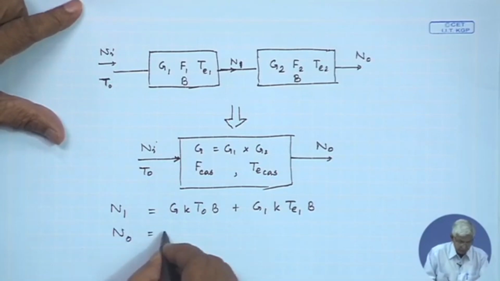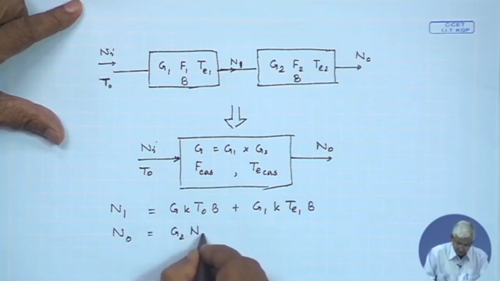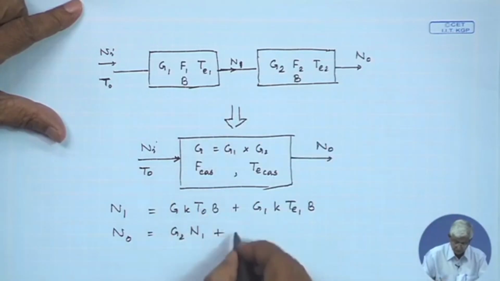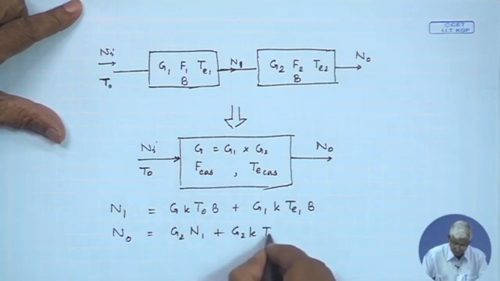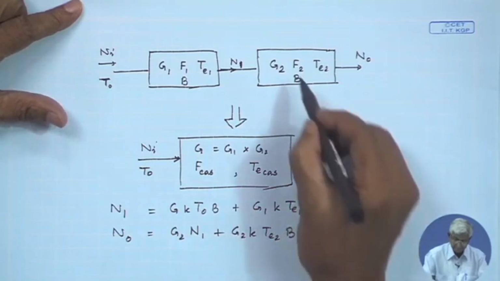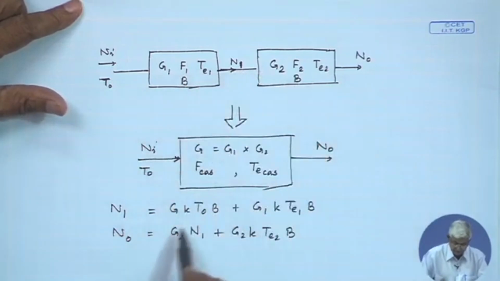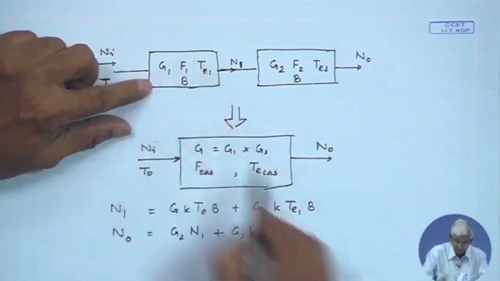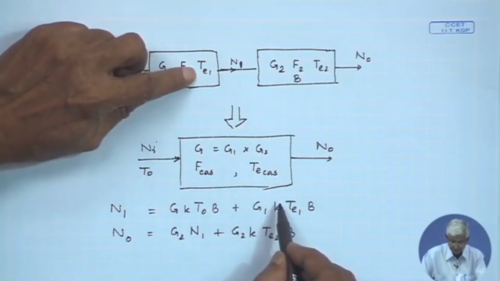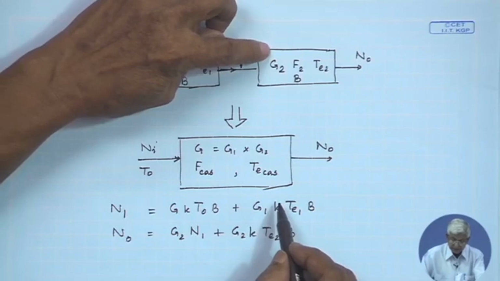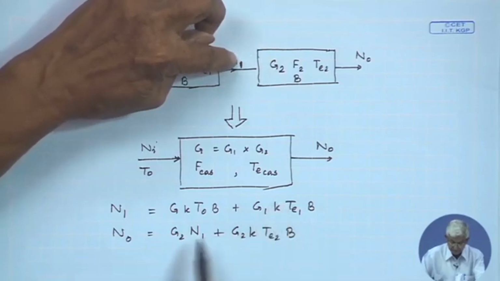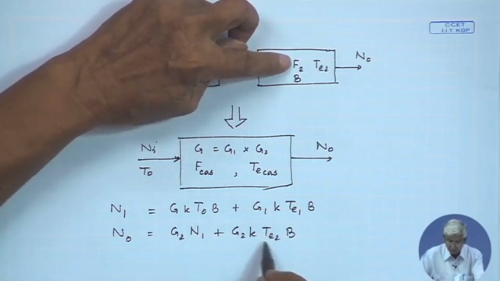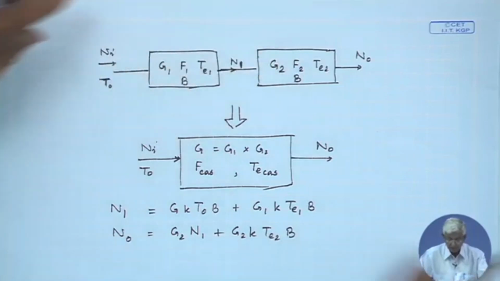Then N0 is N1 multiplied by G2 plus its own, that is G2 K TE2 B. So, N1 is the input noise multiplied by G1 plus its own generated noise based on effective noise temperature, and the output of the second stage is the input from the first stage multiplied by the gain of the second stage, plus whatever noise power is generated based on its own noise temperature TE2.